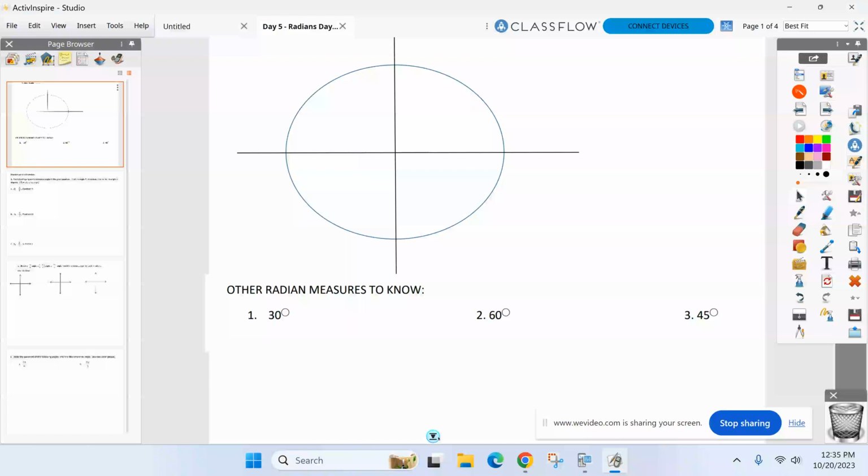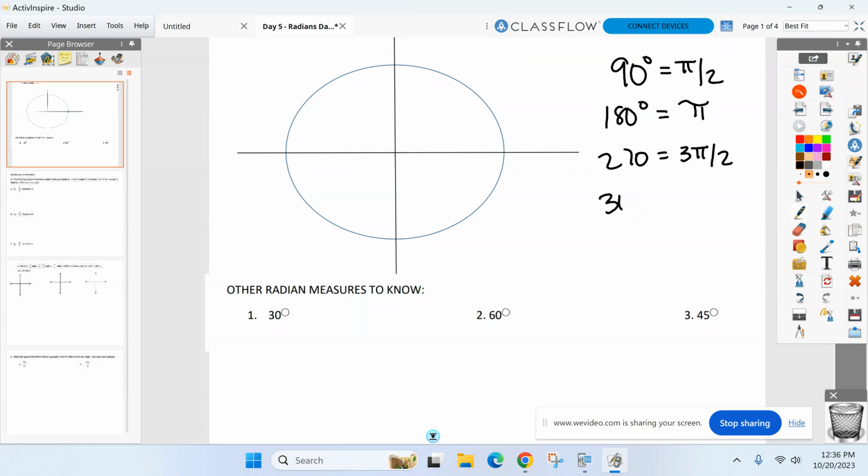Yesterday I showed you a couple that were on the line, the quadrantal ones. 90 was pi over 2. 180, hopefully we all know it by now, is just pi. 270 is 3 pi over 2, and 360 is 2 pi. There are 3 more I'm going to show you today that are going to come up more and more in our problems, that I'd like you to know right off the top of your head versus just trying to convert them.